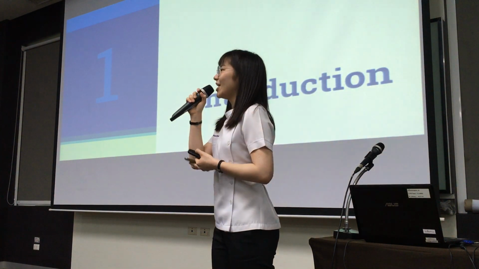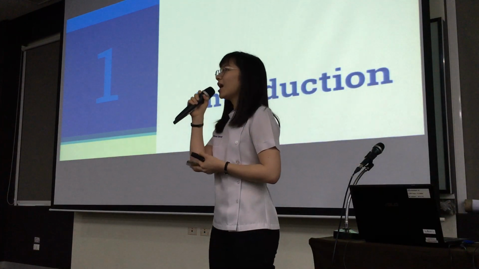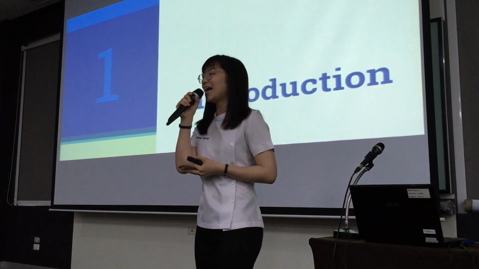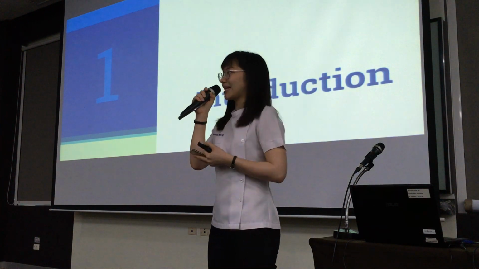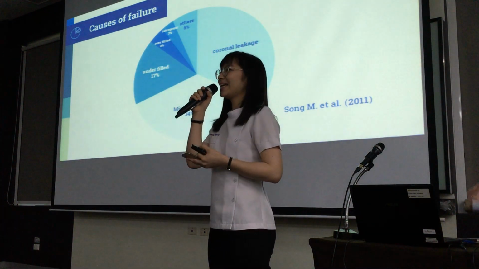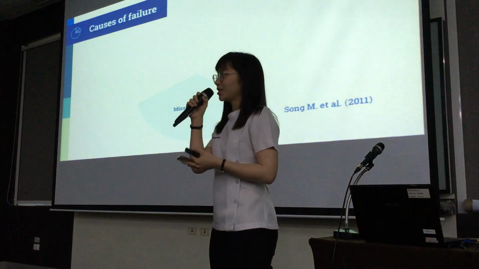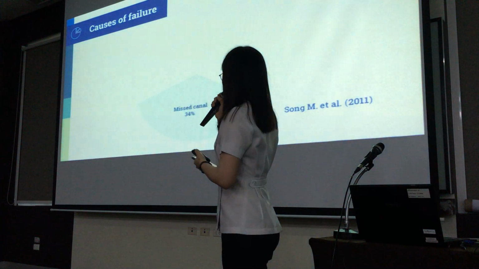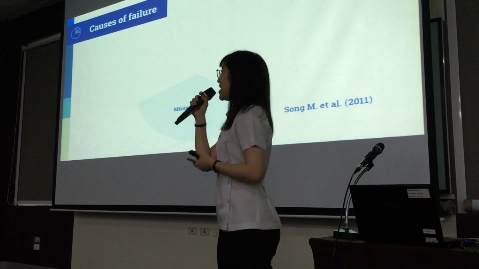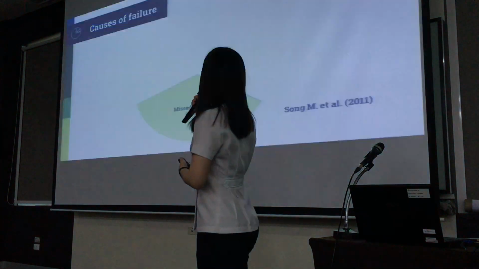The purpose of endodontic treatment is to prevent and to treat apical periodontitis by eliminating bacteria in the root canal. A previous study reported that one third of the causes of endodontic failure is a missed, uncleaned canal, especially the MB2 canal in the upper first molar.